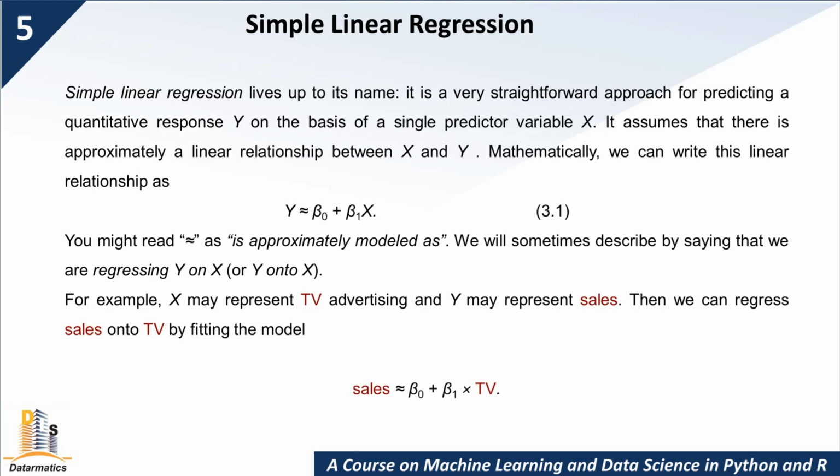All right, so simple linear regression lives up to its name. It is a straightforward approach for predicting a quantitative response y on the basis of a single predictor variable. So here we are going to take each of these advertising budgets individually. So we are not going to take them as a whole.